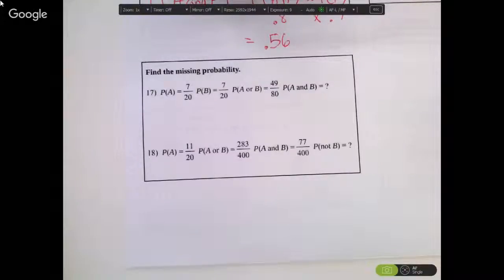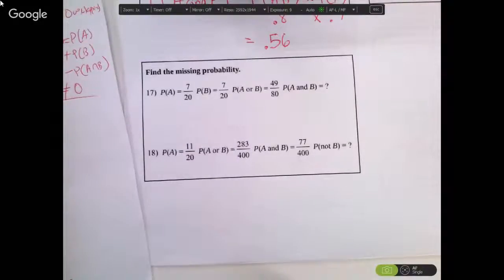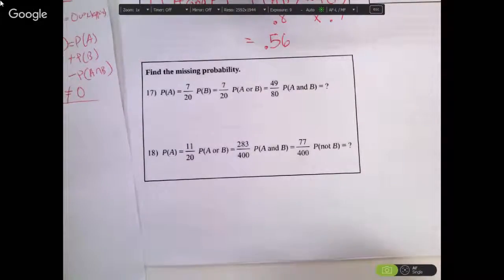Does somebody have a formula sheet I can borrow for ten seconds? Thank you.